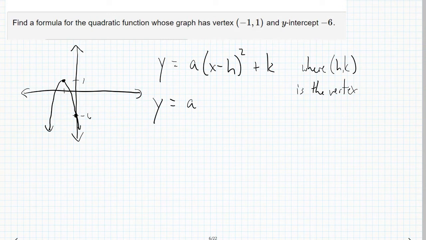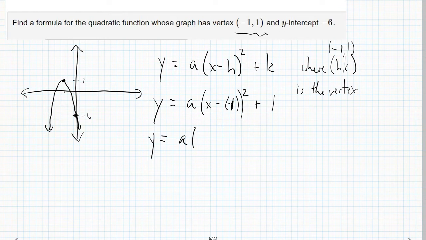So this is a times x minus our vertex is negative 1, positive 1. That just came right there, just reading that. So x minus, we'll put in the negative 1 squared plus our k, which is positive 1. So this means our y equals a times x plus 1 squared plus 1.